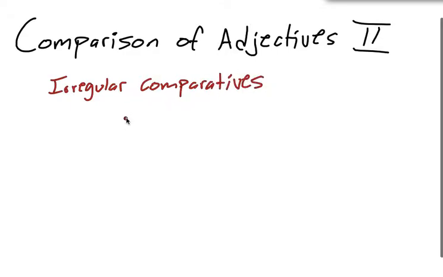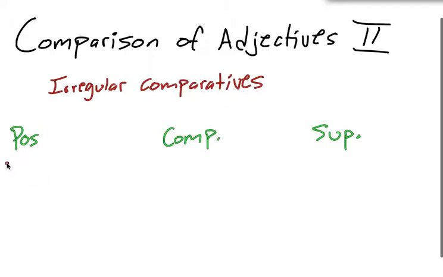Okay, so there are several adjectives in Latin, really the most common adjectives, which form their comparative and superlative degrees irregularly. So I'm going to give you the positive, the comparative, and the superlative, and I'm going to take you through the irregular ones.